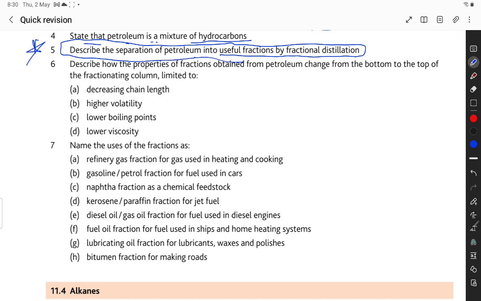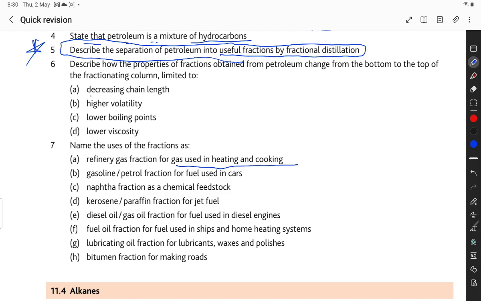Fractional distillation. How the properties of fractions obtained from petroleum change from the bottom to the top. At the top, the liquid fraction with lower boiling point distills over. At the bottom, the liquid with higher boiling point distills over. Name the uses of fractions. The refinery gas fraction at the top is used in heating and cooking.